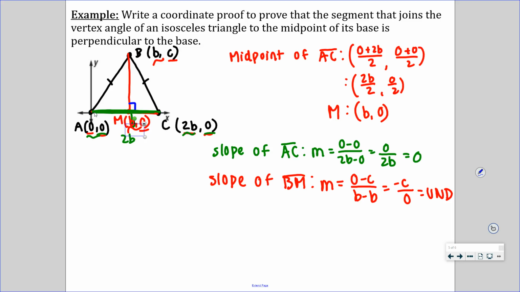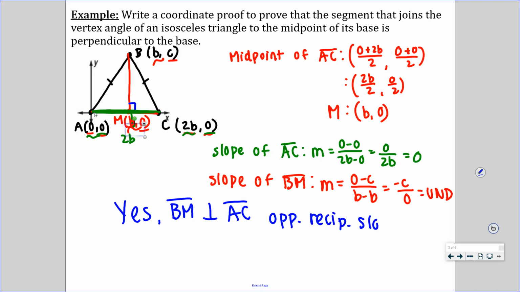So that's enough to show, and we did this with what's technically called a coordinate proof. We're showing all this work with the coordinates. There are no steps and reasons and statements and all that stuff. So yes, BM is perpendicular to AC, and I just put opposite reciprocal slopes right here.